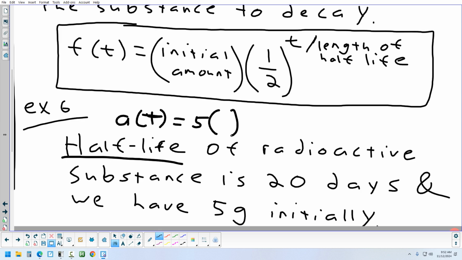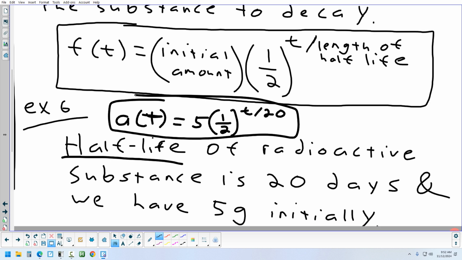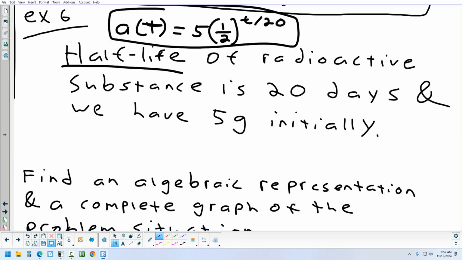Yeah, it will be 1/2. And what's going to be our exponent in this problem? Yep. t divided by 20. Right, because that has to represent the number of half-life cycles. So if 20 days have gone by, 20 divided by 20, that is 1 half-life cycle. Okay, so there's our formula.